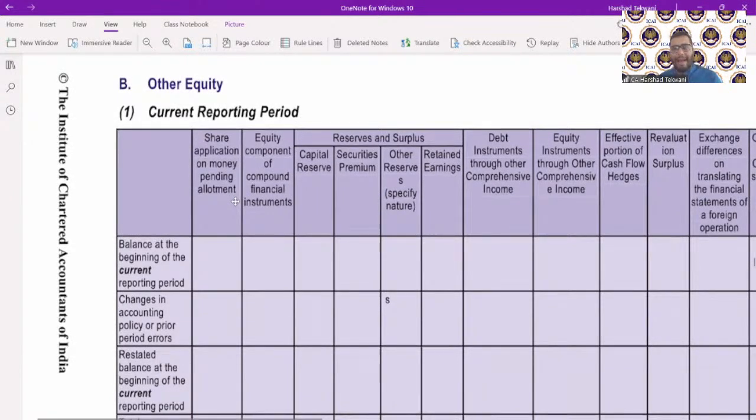This is what I showed you when there are a limited number of items, because the company had a limited number of items.